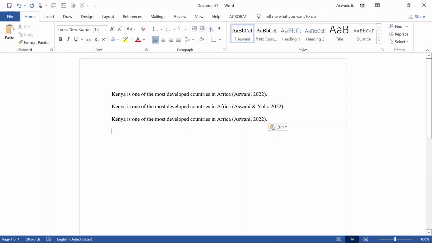If the same source was published by two authors, according to APA, they want us to include both of them. Let's say Aswani and Eula. And if there happen to be more than two authors, you will have et al., which means and others.